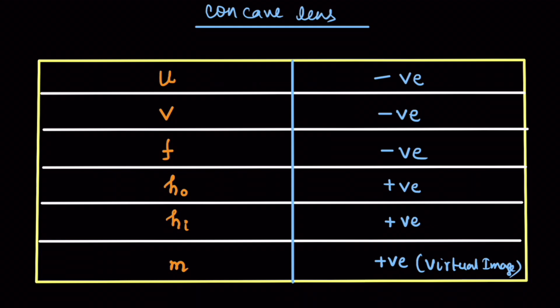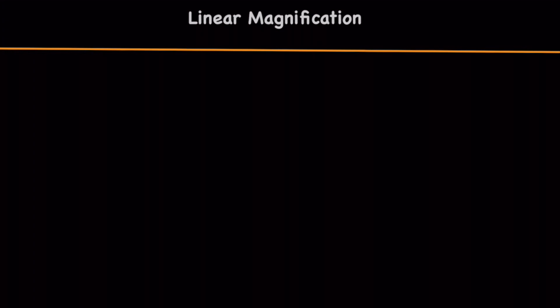Now we will study the linear magnification formula and the lens formula. First, linear magnification. Linear magnification is defined as the ratio of the height of image to the height of object.